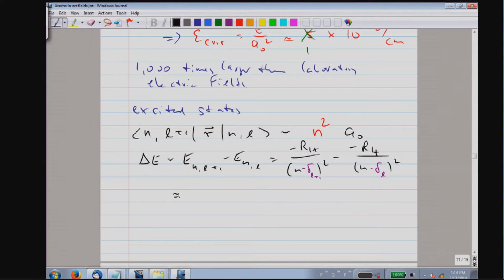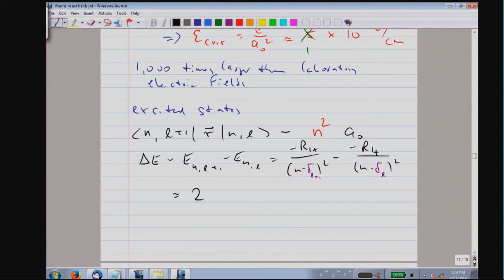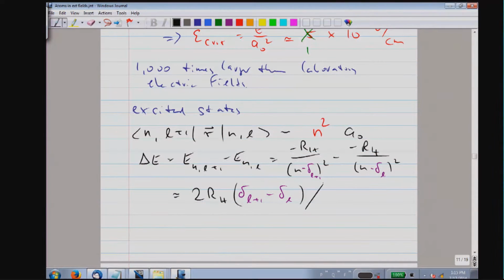So therefore, doing an expansion in n, which we assume to be large, we find that the energy difference is proportional to the difference between the quantum defects for the two states we want to mix with the electric field. And then again, the scaling with the principal quantum number is n cubed.